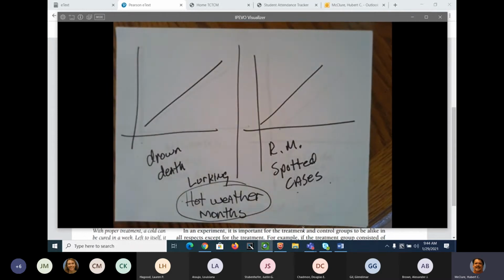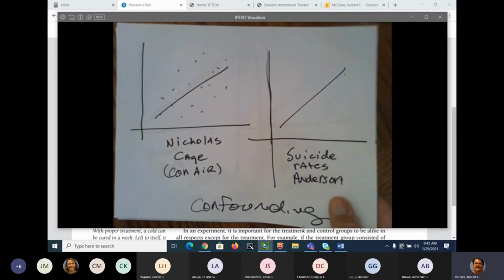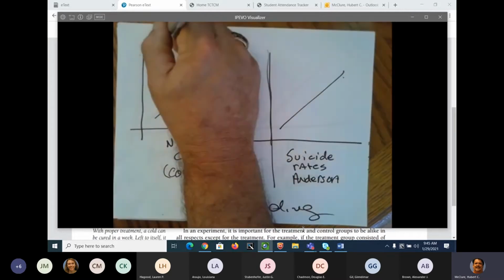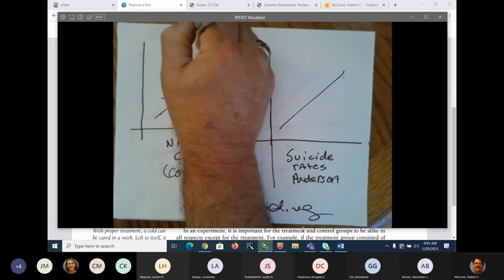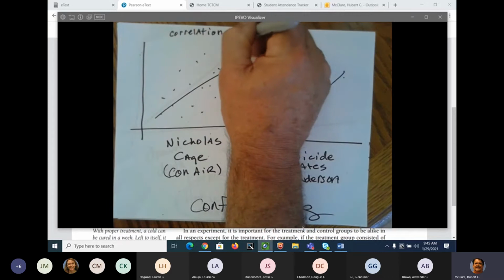Now I'm going to go ahead and talk about confounding. Confounding means that you could have correlation, but that doesn't mean that you have causality. Correlation, let's write that down. You may need that one day. Correlation does not equal causality.